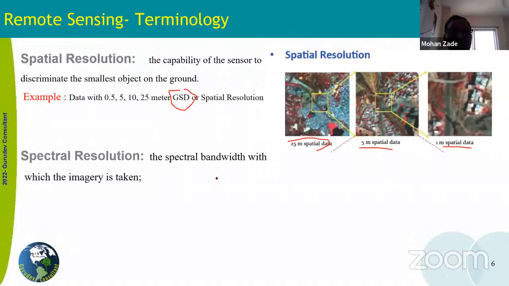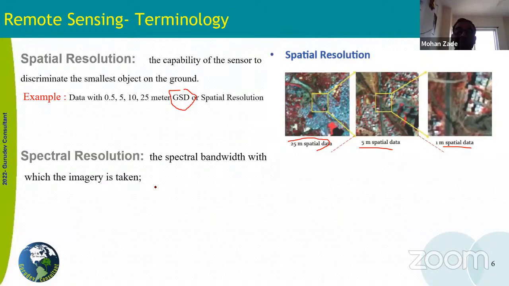Spectral resolution is the spectral bandwidth with which the imagery is taken. That means, if you remember, the satellites record measurements at different wavelengths because sunlight also produces wavelengths in different bands, like 0.4 to 0.7 micrometers.